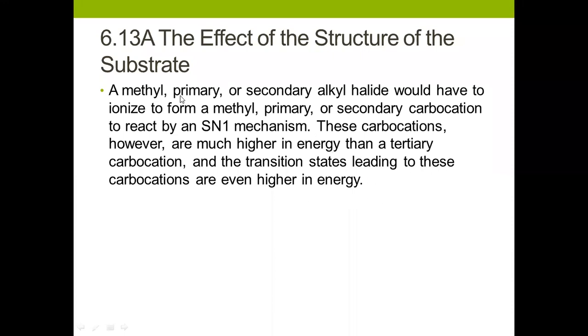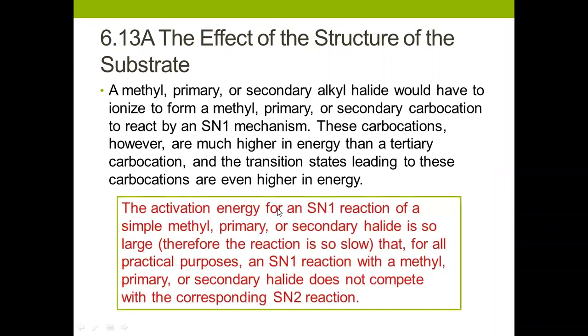So when we are dealing with methyl, primary, or secondary alkyl halides, the formation of the transition states would require very, very high energy. So when we are dealing with 1 to 2 degree alkyl halides, the activation energy for the reaction is very large. If it's very large, the reaction would be so slow.